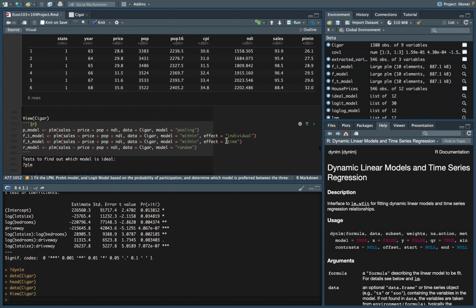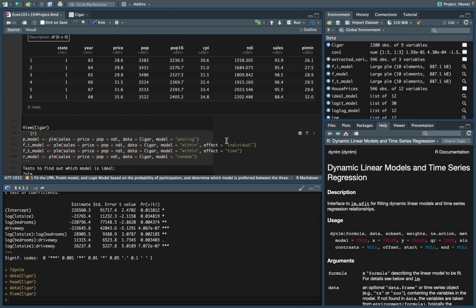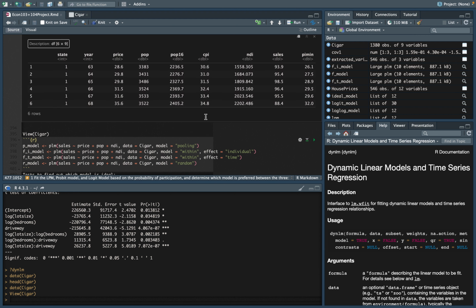But the effects of the fixed effect models are specifically different because one accounts for differences across individuals, so differences state by state.